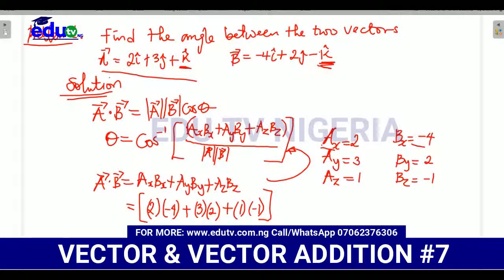So we close the big bracket, and that gives us minus 8 plus 6 minus 1. The product of the first is minus 8, the second is 6, the third is minus 1. Minus 8 plus 6 gives minus 2, and minus 1 gives minus 3.